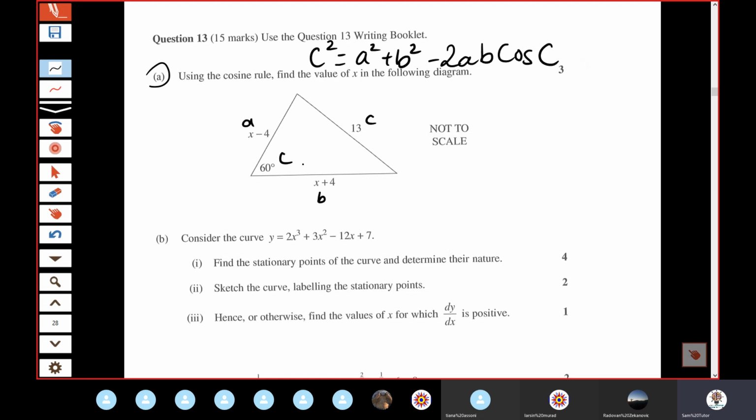Good luck. You're solving for x. Keep your working out nice and neat. It's worth 3 marks, so that's probably going to be a bit of working. It's required.